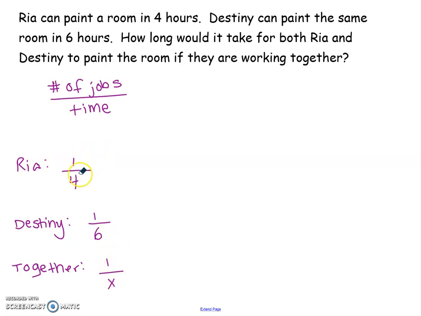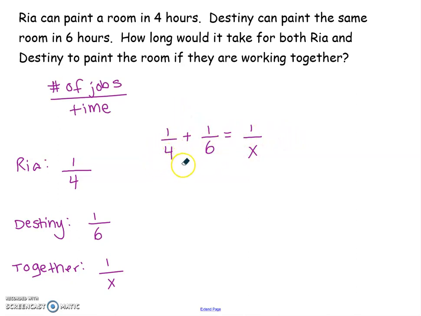So Ria, who's 1 over 4, plus Destiny, who's 1 over 6, has to equal them working together. So the two individually added together gives you the total together. So Ria plus Destiny equals together. So we have our equation.